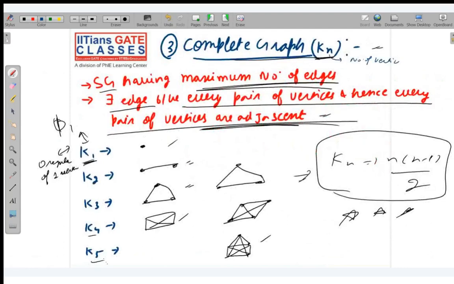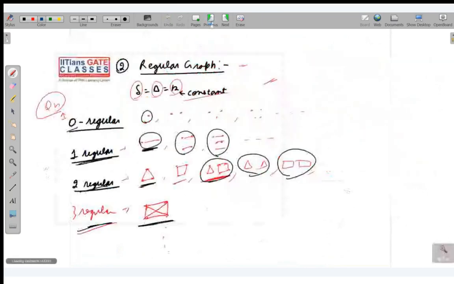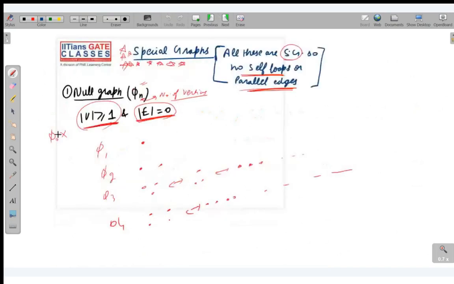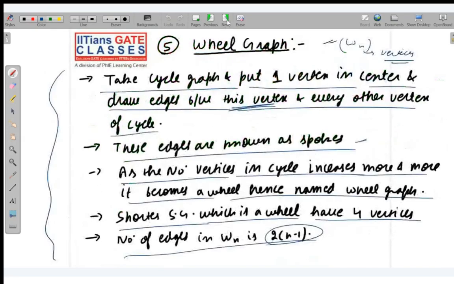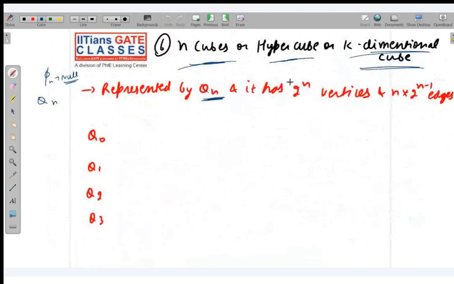Everywhere n was representing the vertices. And 0-regular, 2-regular, there was no fixed vertices, so we will not talk about it. And here phi of n, n was the number of vertices. Everywhere n was representing vertices, but here in Qn it will have 2 power n vertices. This is the exception.